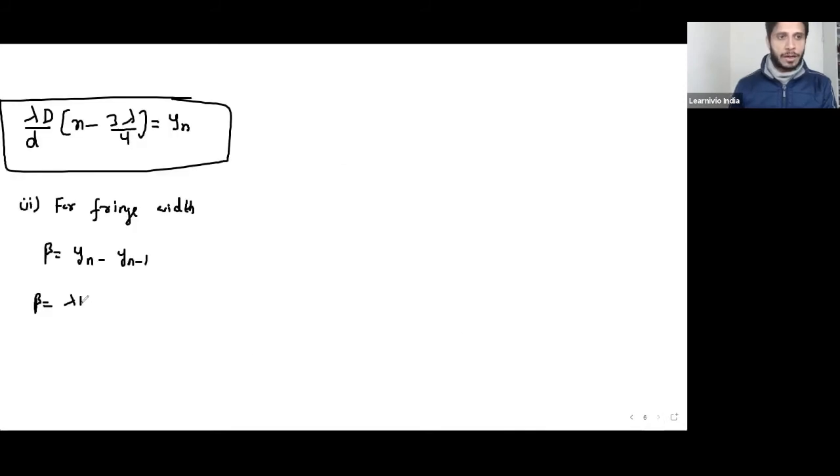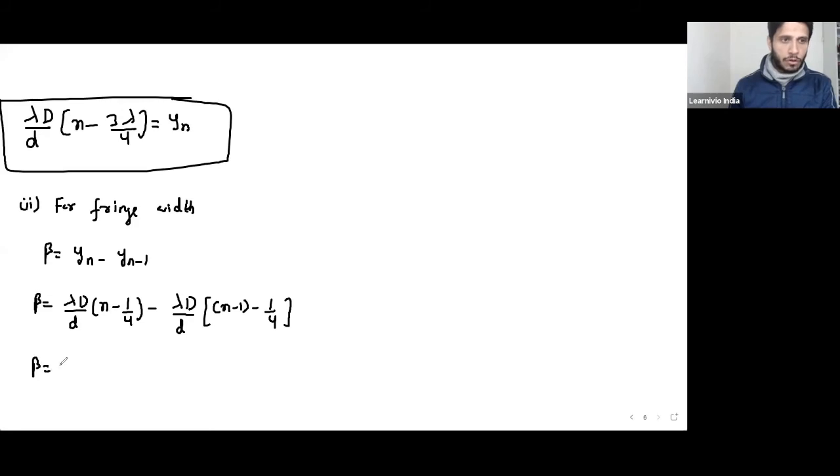Minus the n minus 1th fringe. So instead of n, put n minus 1. So it's lambda D by d, n minus 1 minus 1 by 4. Just instead of n, I put n minus 1.